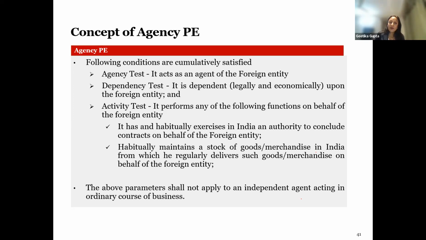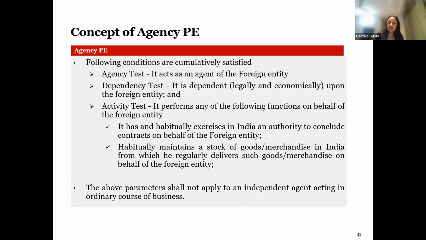Then it is important to test the dependency test. See, the majority of the treaties say that if the person is an agent of the foreign entity, but is an independent agent, that is, I'm not acting only for the non-resident, I'm acting in my ordinary course of business and representing, let's say, 10 other companies, then that will not lead to a dependent agent PE.